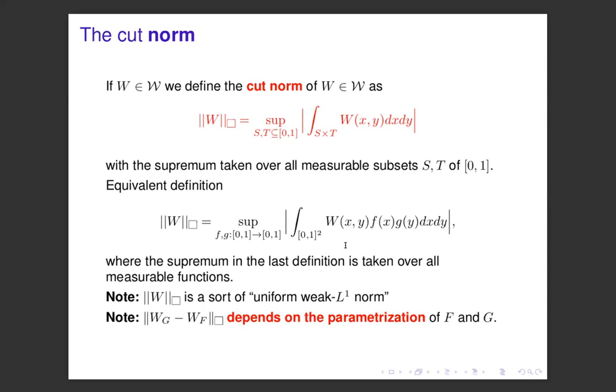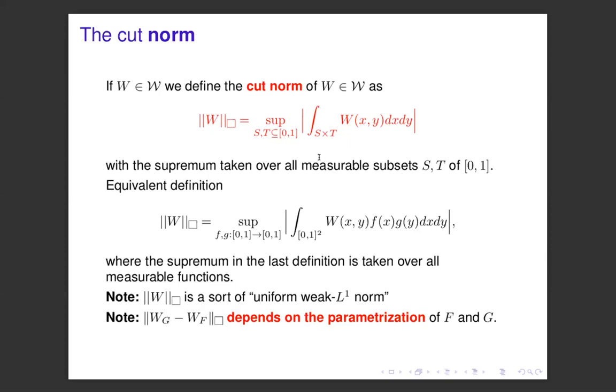So if you have a sequence of W's here and you test them with an L infinity function, this is the definition of weak L1 convergence, and then you take the supremum over all functions. So it's a kind of uniform weak L1 norm.